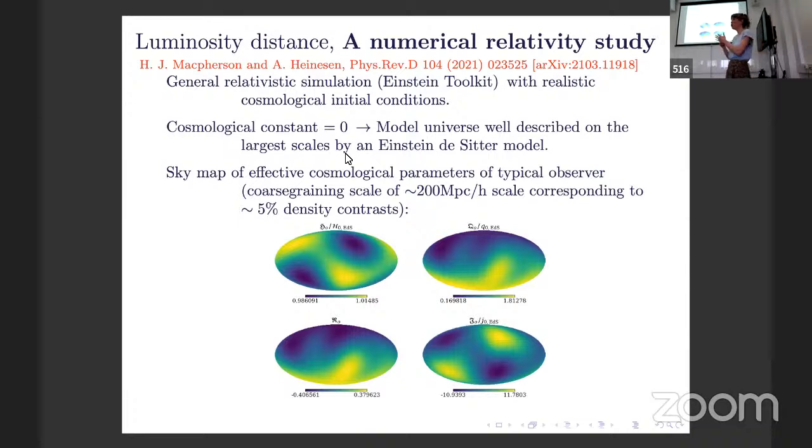And when you compute the cosmographic parameters at this scale, you want to make sure that you can control the convergence of your cosmography. So you have to think about convergence radius and so on.